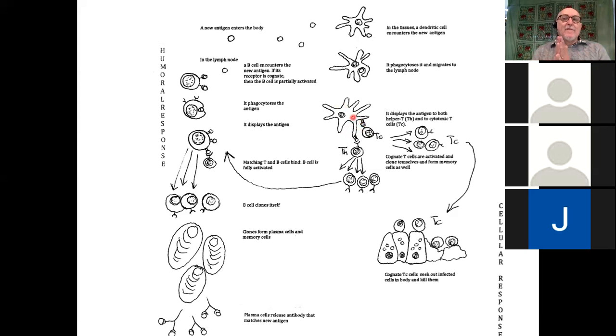When it enters the lymph node, T cells, both T helper cells and cytotoxic T cells, cluster around the dendritic cells. And what is happening is that they are attempting to match. They're attempting to bind to the dendritic cell display. But they can only do it if they themselves possess the exact matching receptor.